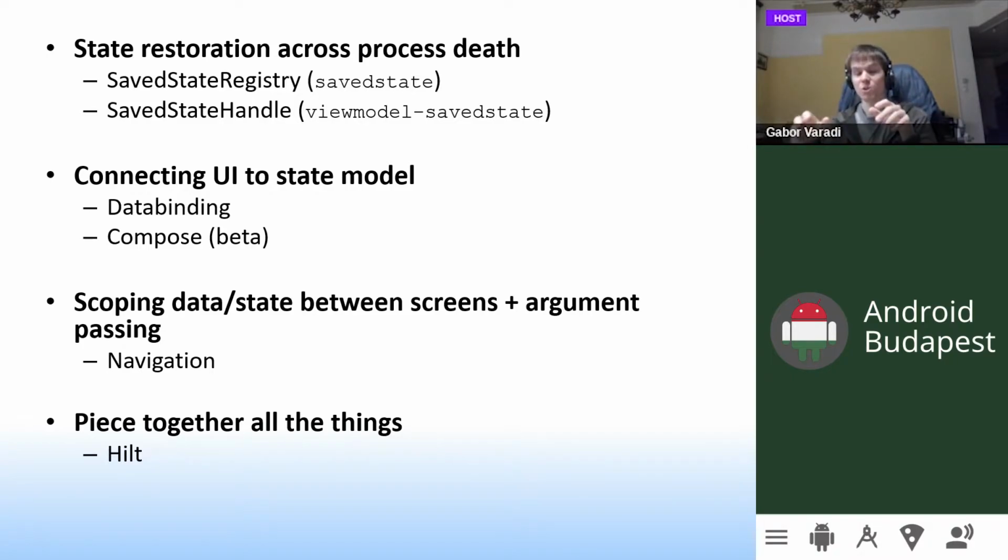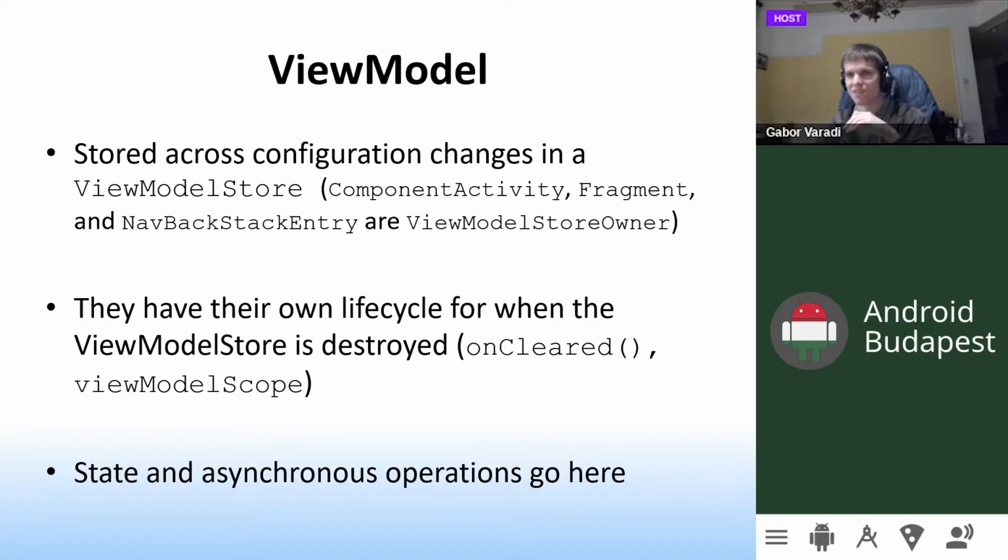And there's also one more Jetpack component that's important to us, which is Lifecycle, because it helps us piece together all of these things. So ViewModel is stored across configuration changes in a ViewModelStore, and both the ComponentActivity, so technically AppCompatActivity, Fragment, and NavBackStackEntry are ViewModelStoreOwners. These ViewModelStores are preserved by Jetpack across configuration changes using the non-configuration instance mechanism.